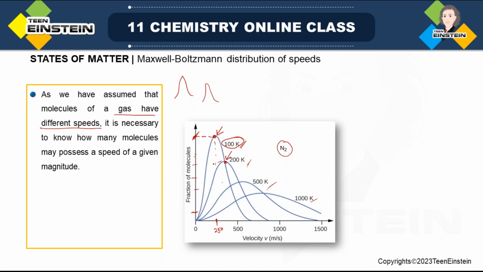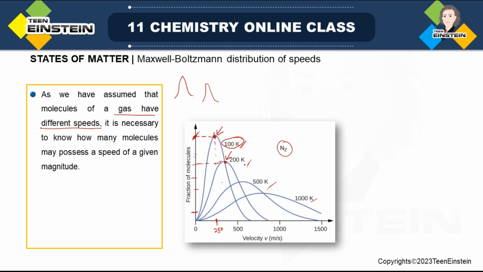And if you draw a line, now the fraction of molecules having the highest speed, because for each temperature category, first category 100 Kelvin, second category 200, for each temperature category this is the point where the maximum fraction of molecules are present.